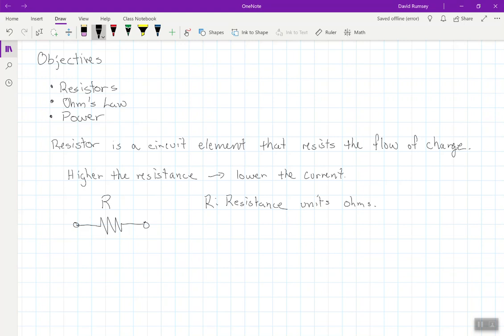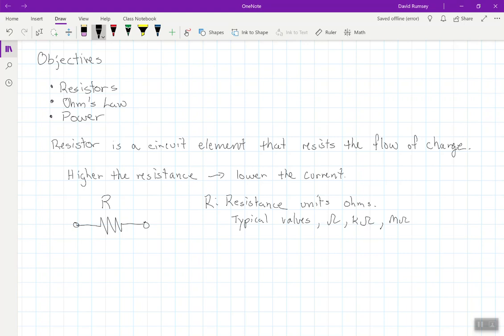So what should we do here? Well, let's first off know that some typical values are ohms and kilo ohms. Now, we do get some mega ohm resistors.